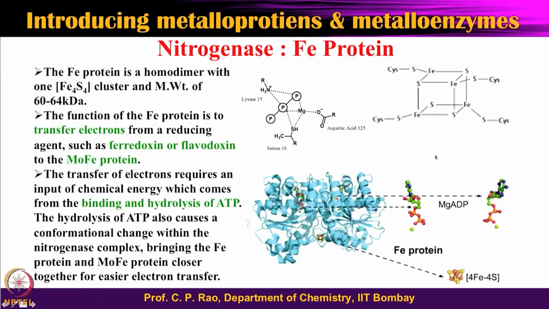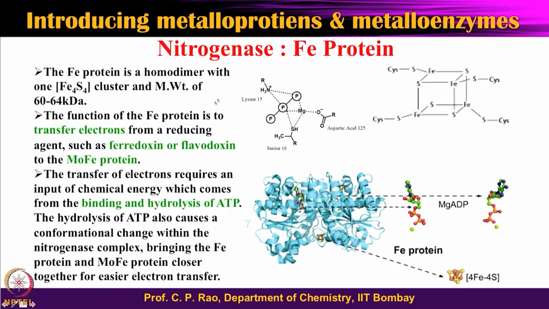One is called the iron protein and the other part is called the molybdenum iron protein. And this iron protein again has components in it, an iron sulfur cluster and a molybdenum ATP as well as molybdenum ADP bound system. These are the very important essential components.